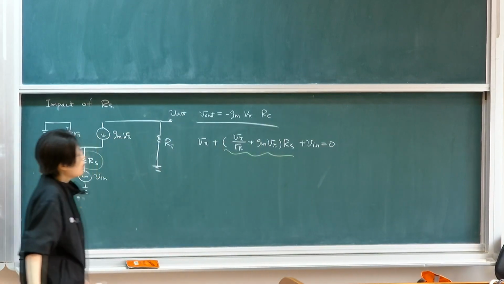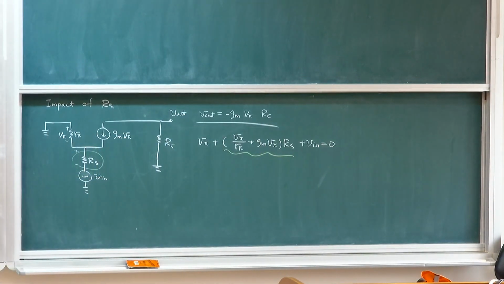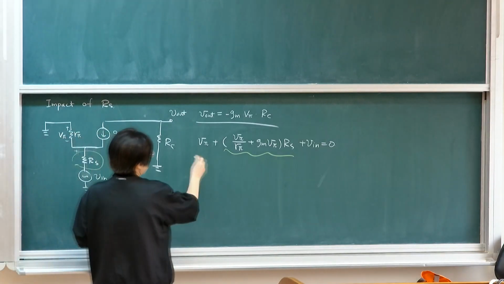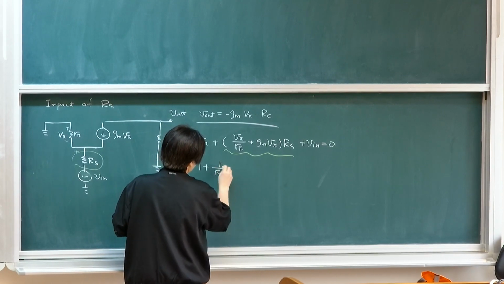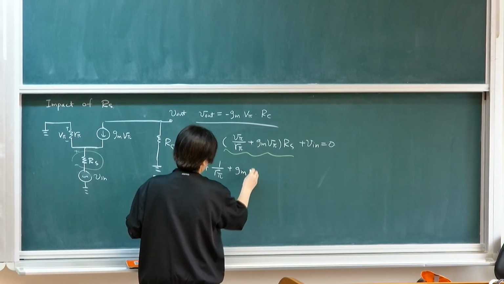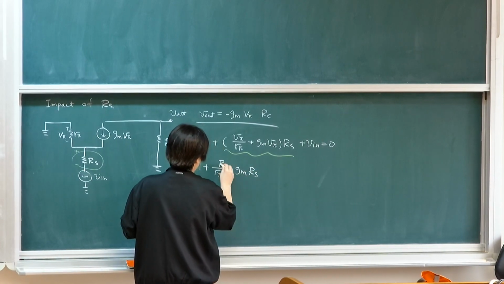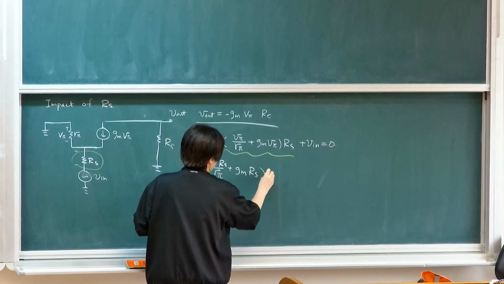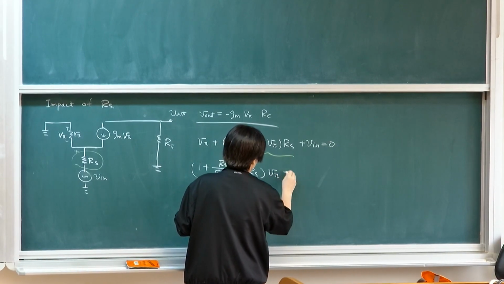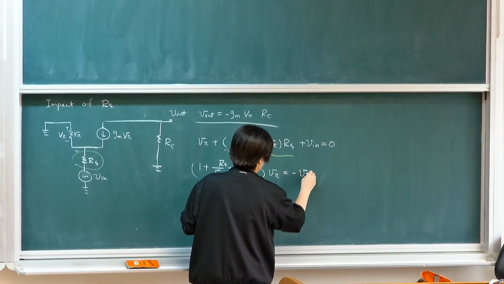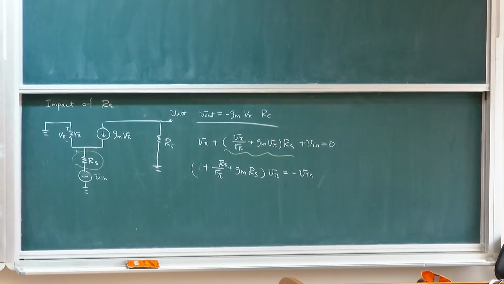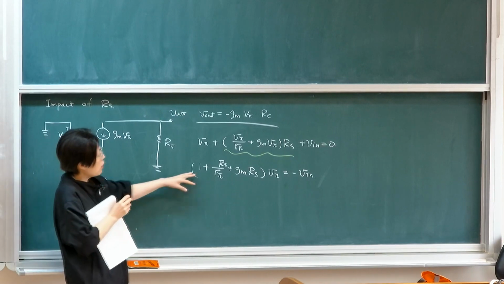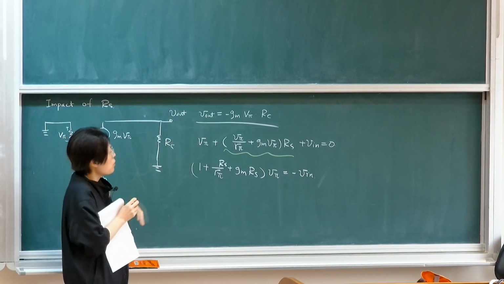Okay? So if you look at this, this will give you a different relationship between input and V pi. So this equation will be 1 plus R pi gm RS. Right? I'm simply taking out all the V pi components and inserting them back.